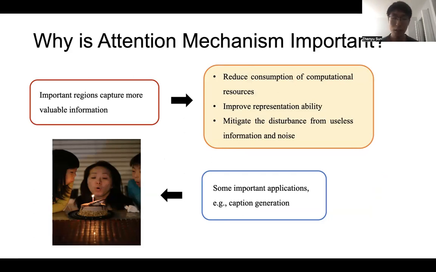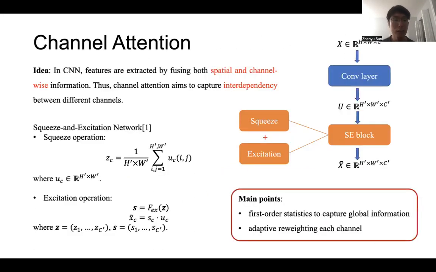And also, we can improve our representation ability because the disturbances from useless information and noise are ignored automatically. And based on the attention mechanism, we can have some important and interesting applications. For example, we can use it to generate captions for a picture, etc.